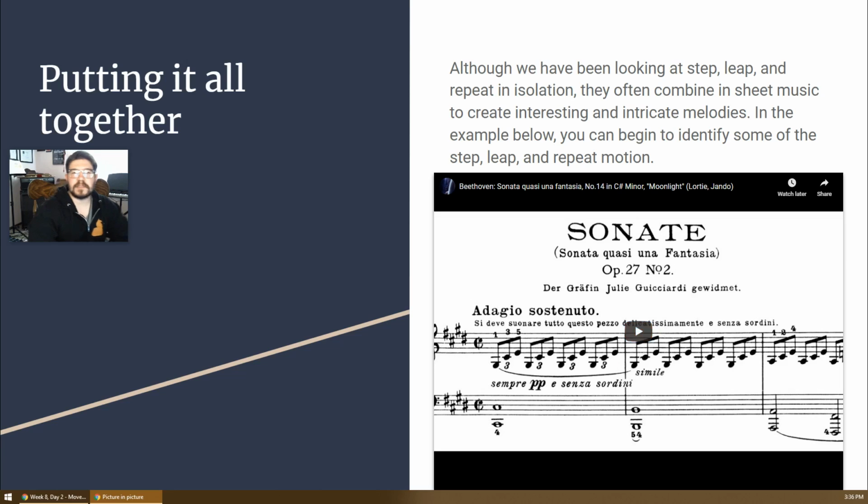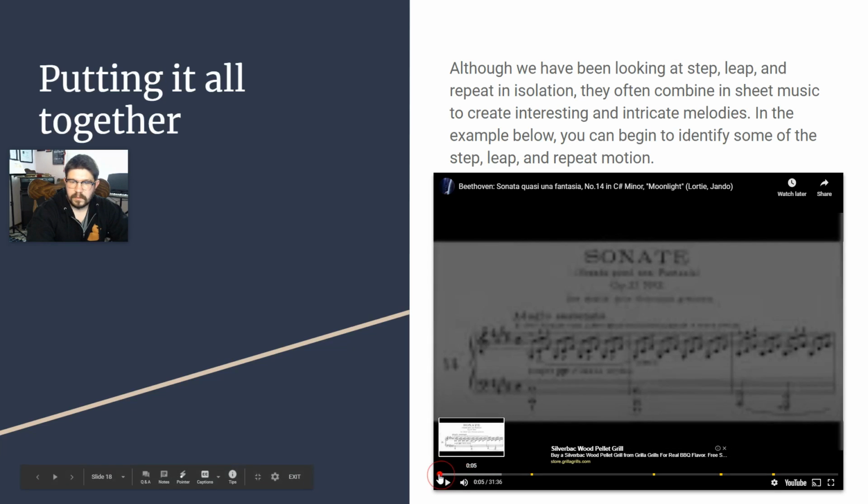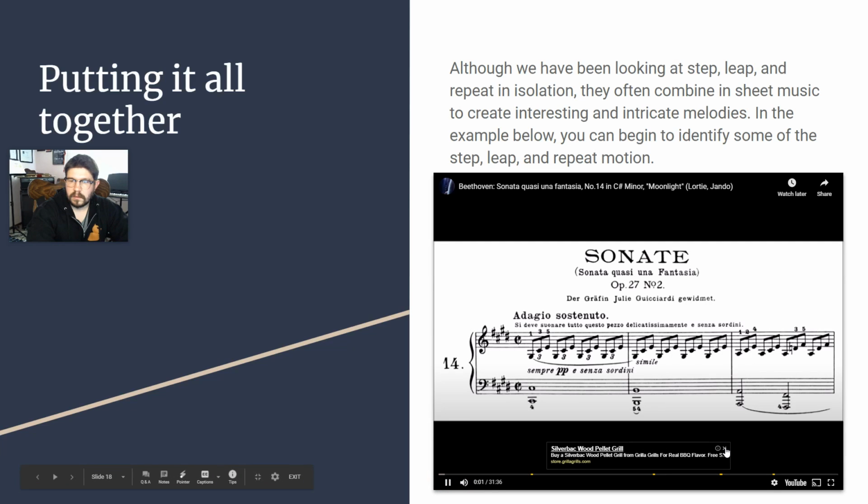So if we're looking at this, the Moonlight Sonata, we'll play it here. Oops, we'll go back here. So we've got leaps right here. As we're looking through here, the triplets right here are leaping. In the bass line, though, the notes are taking steps.